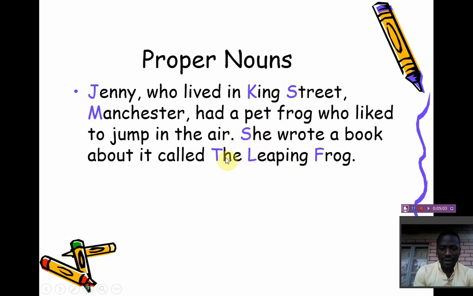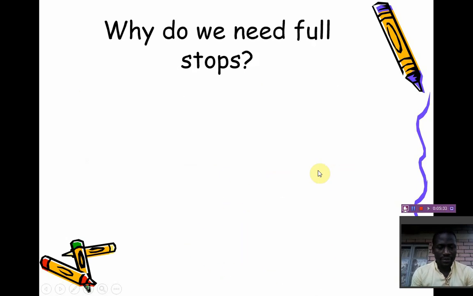Here, the article "The" begins with a capital letter because it is part of the title of the book, which is The Leaping Frog. The frog is the one we are referring to. So the whole of this is the title of that particular book. That is why you're seeing those letters capitalized.